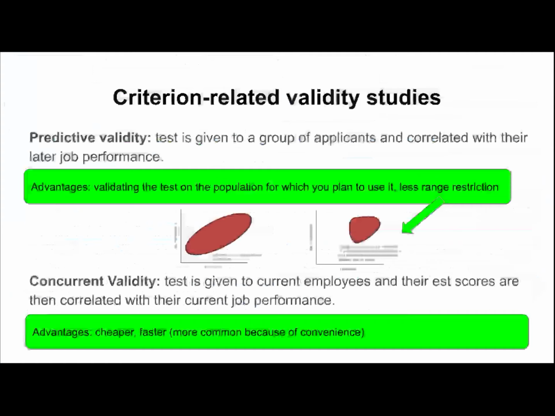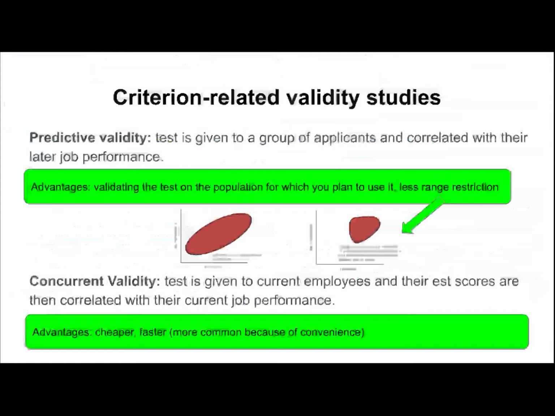The other good thing about this is there's less range restriction. You get to do the test on groups of people who score high and low, versus the concurrent validity, where you're giving the test to your current employees who already work for you, have managed to get the job and keep the job. You have something called range restriction. You're only getting your top performers, because those lower people either didn't get the job or didn't keep the job.